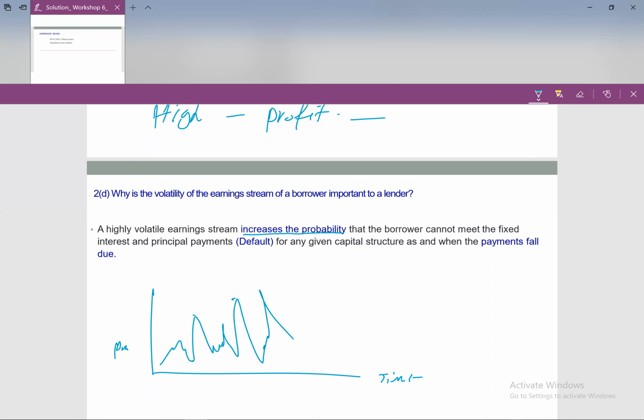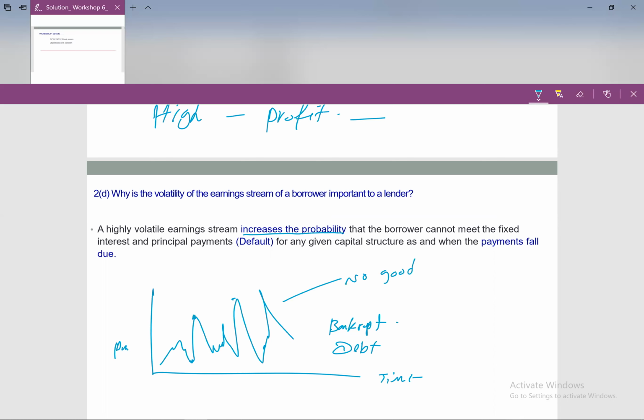If you cannot pay, creditors will not wait for you. It's not like the shareholders. Even if it is only 30 days late, you are late. And this defaulting could lead to bankruptcy, which means if you are highly indebted, this volatility is no good.